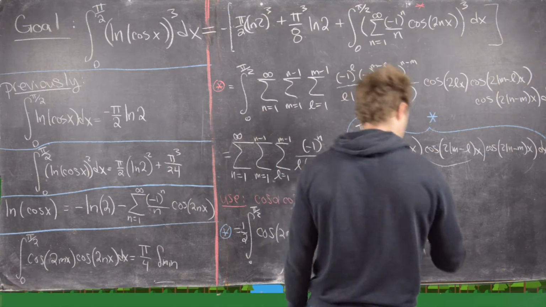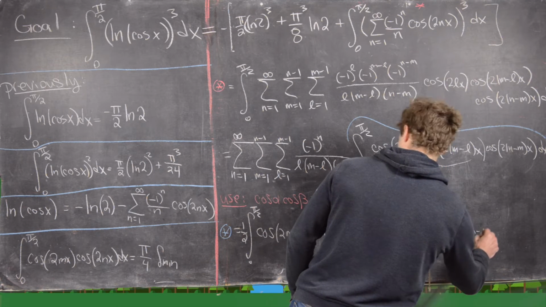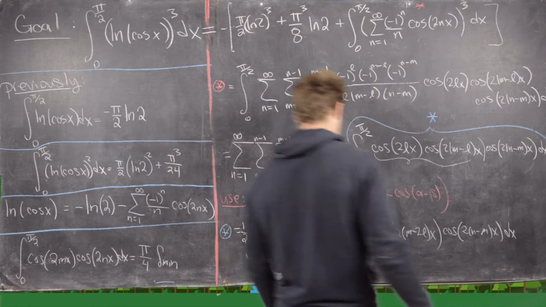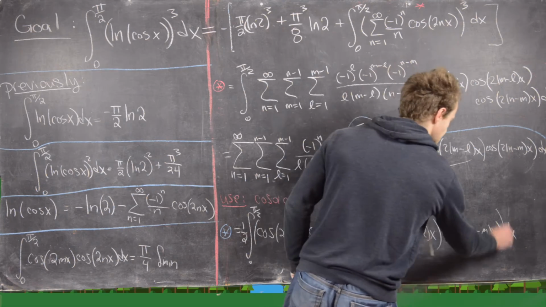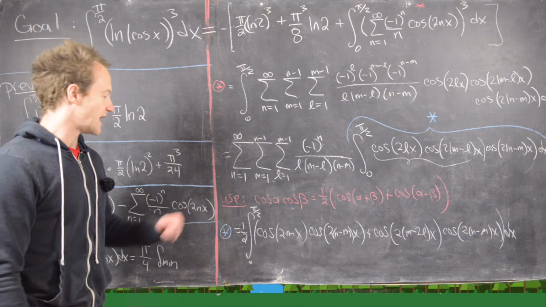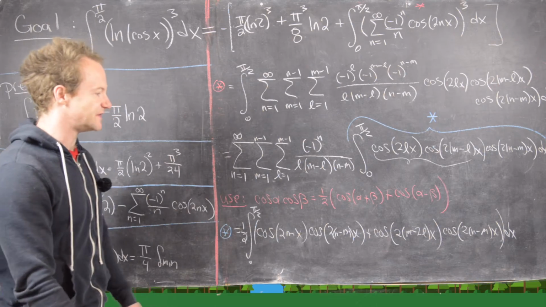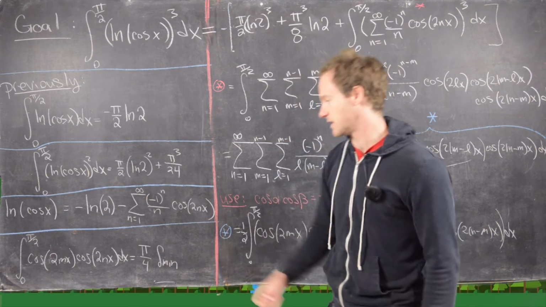And then finally I have cosine of 2 times n minus m x dx. Okay, so that's how all of this got simplified. So now what we can do is we can simplify each of these parts using this guy right here.